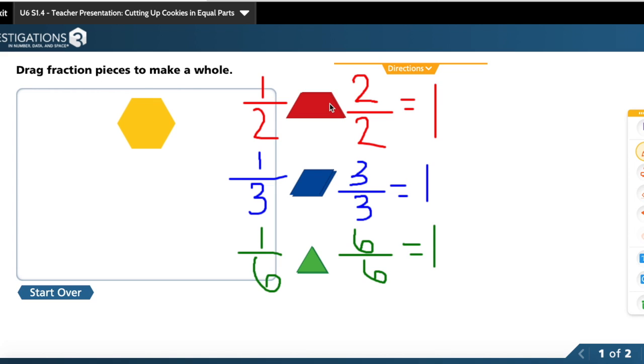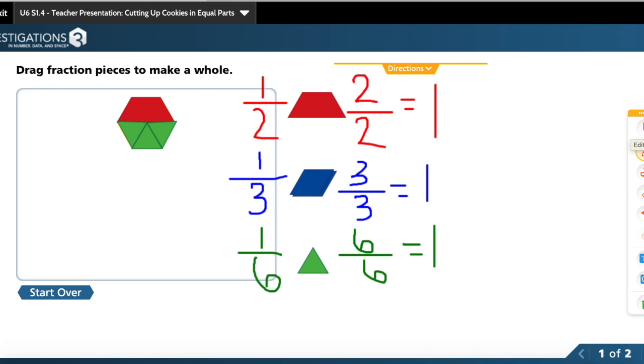There's different ways that I can fill my cookie with my different pieces. So let's say if I had 1/2, let's see if I could bring a 1/6, another 1/6, and another 1/6. So let's see, I have here 1/2, and then 3/6, and they fill up the same amount.